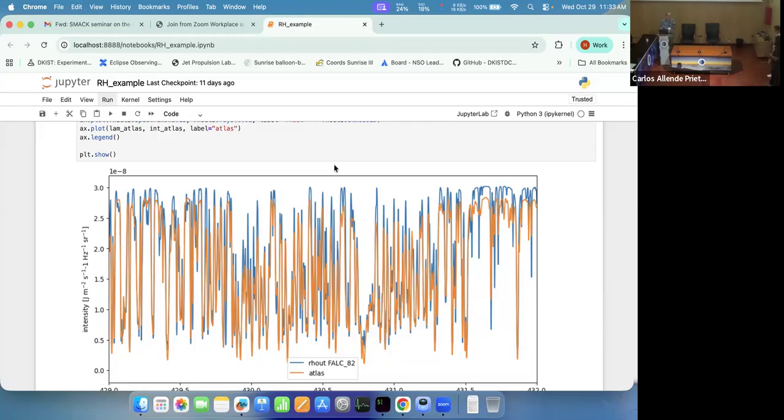There's one option in the one-dimensional case where you can calculate hydrostatic equilibrium. Then it would adjust the structure of the atmosphere so that it is in hydrostatic equilibrium. And in all versions, you can calculate the electron density in LTE. Well, actually also non-LTE. It actually uses charge conservation.